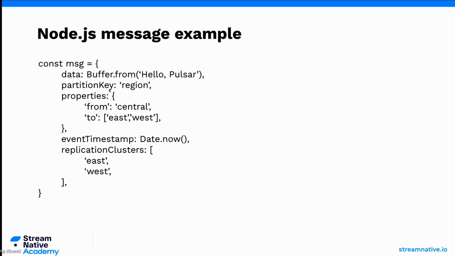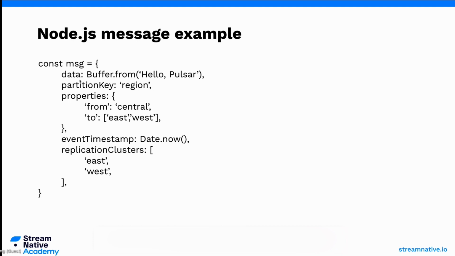So this example is about how you form a Pulsar message. It's a very simple example: const message equals curly brackets. This is the data, this is the payload. You can use a buffer, which will wrap the string hello Pulsar.